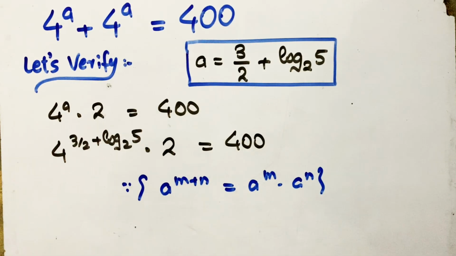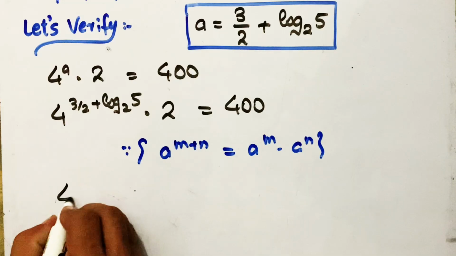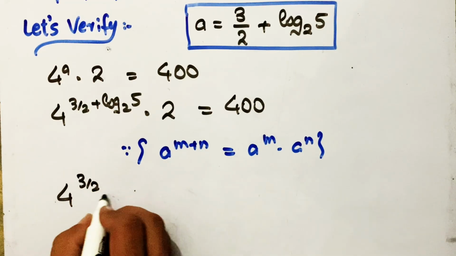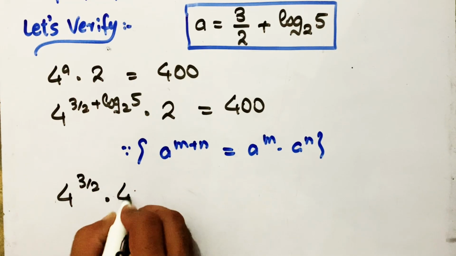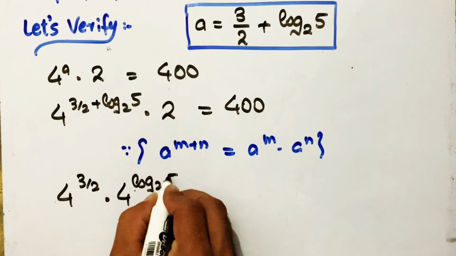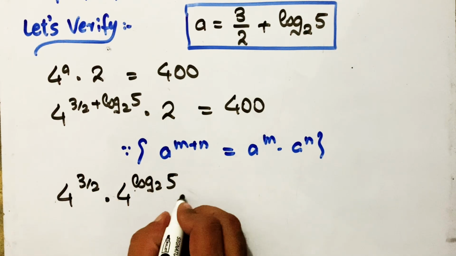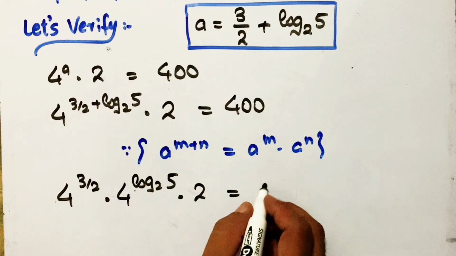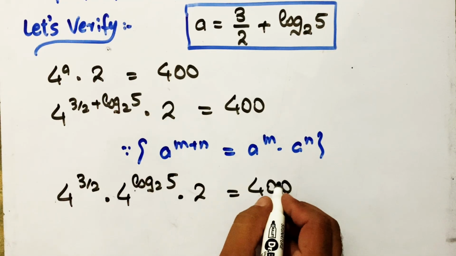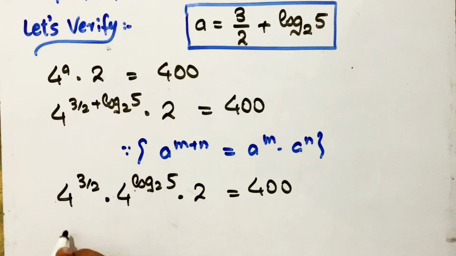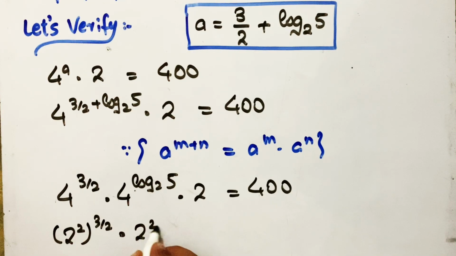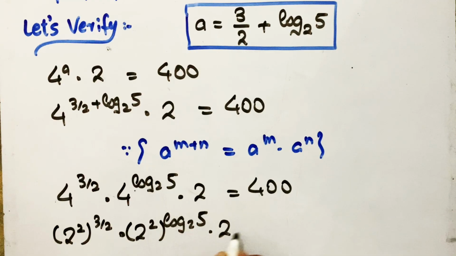This means our equation becomes 4 to the power of 3 by 2 into 4 to the power of log base 2 of 5, into 2, equals 400. Now 4 becomes 2 square, in both places.